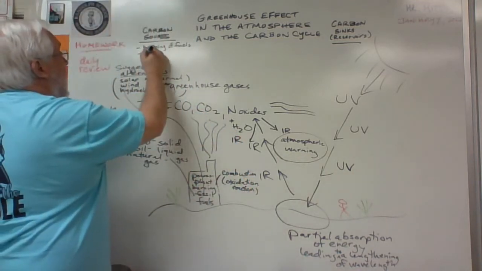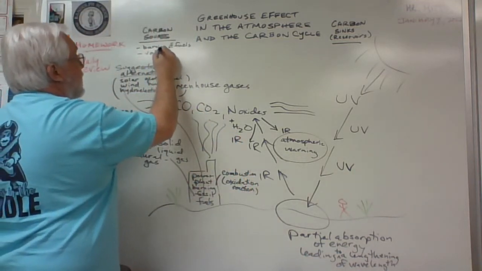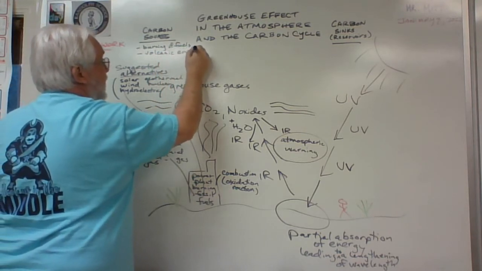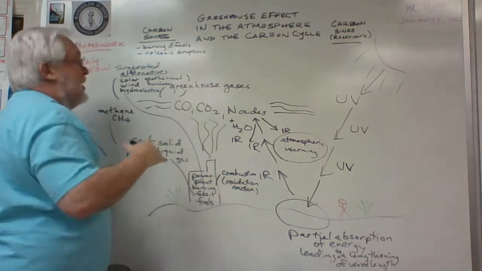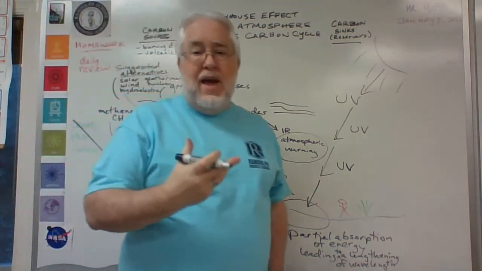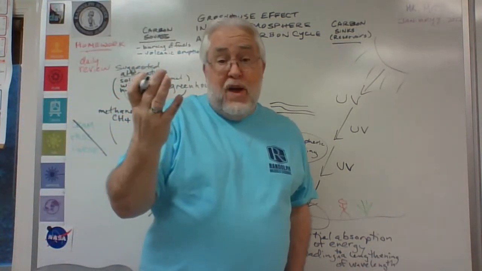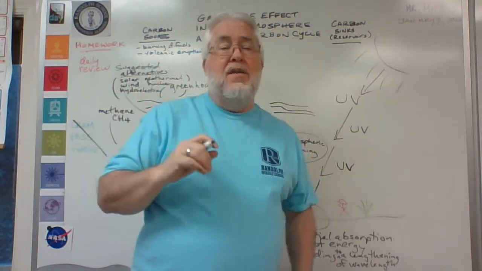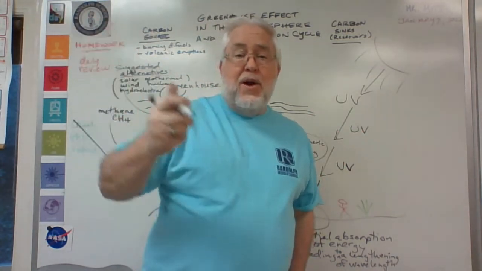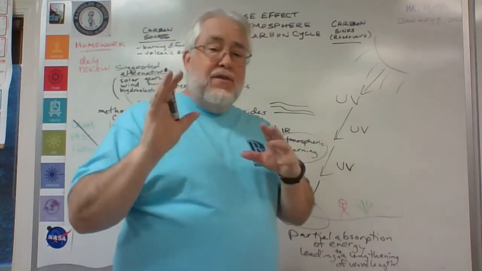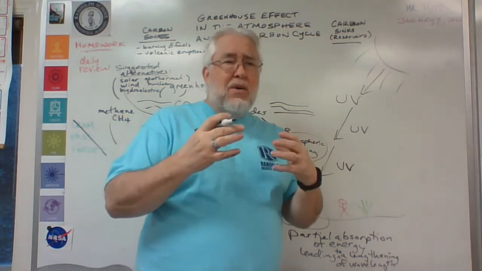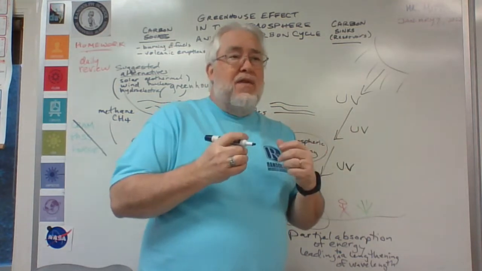Another natural carbon source would be volcanic eruptions. Some volcanic systems actually are putting out significant amounts of carbon dioxide. Also, some other things are put out. Sulfur dioxide can be put out in large amounts, and that can lead to acid rain. Acid rain is often associated with burning of dirty coal that has a lot of pyrite in it, which is iron sulfide.